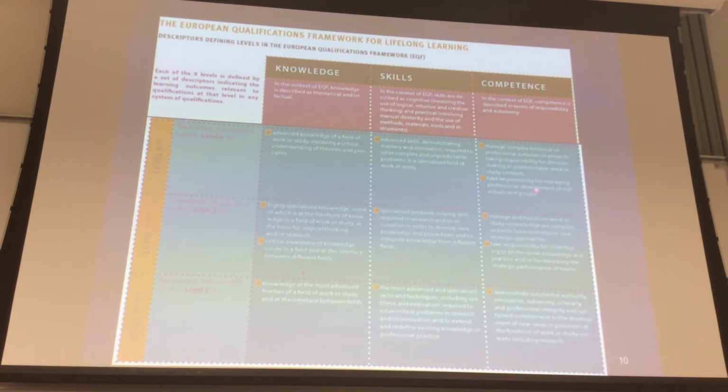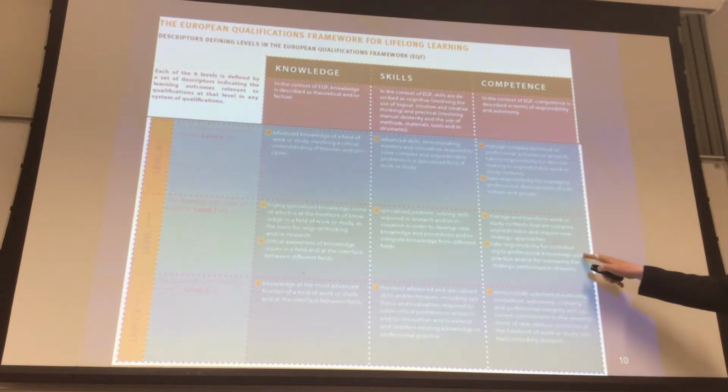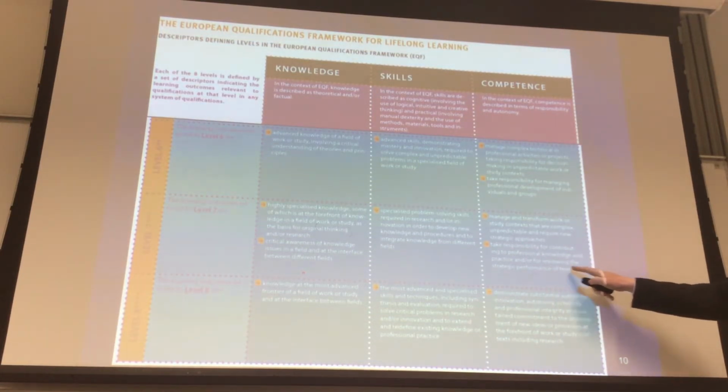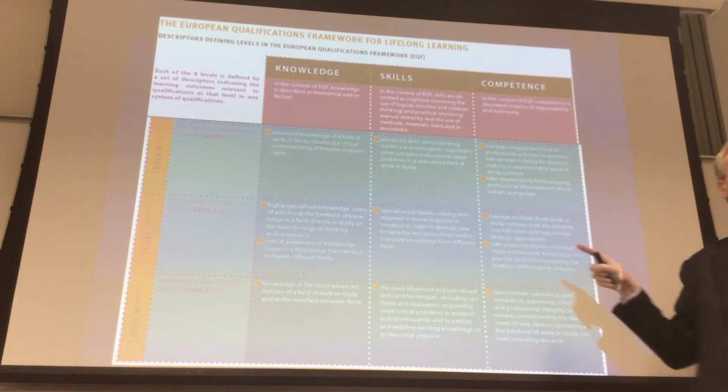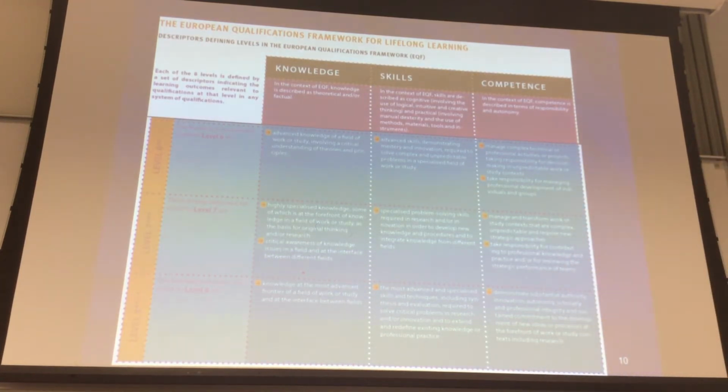And they say at master's level, it says, take responsibility for contributing to professional knowledge and practice and for reviewing the strategic performance of teams. So at master's level, somebody should have the ability to manage a team. In other words, they should show leadership quality. So in the European context, competence is performance in the workplace.